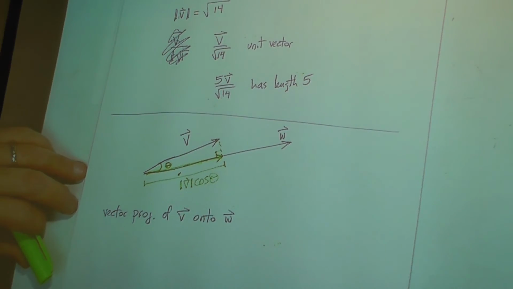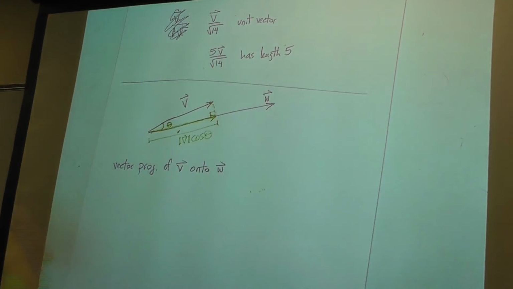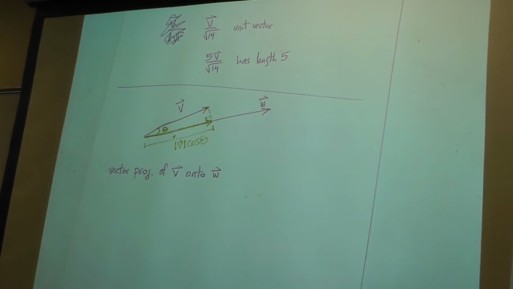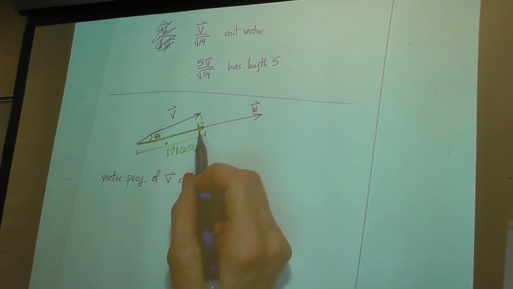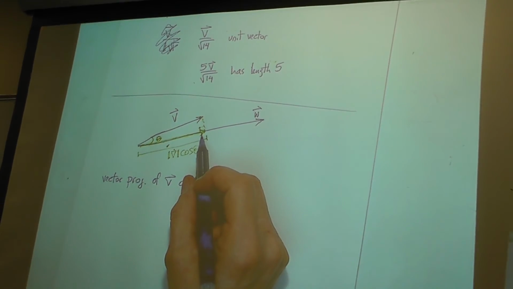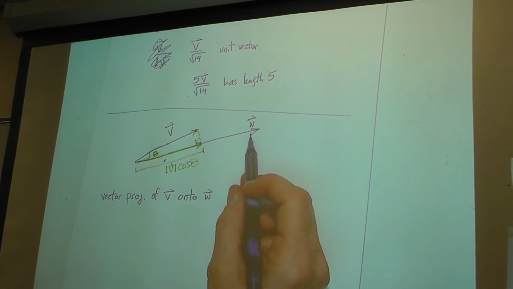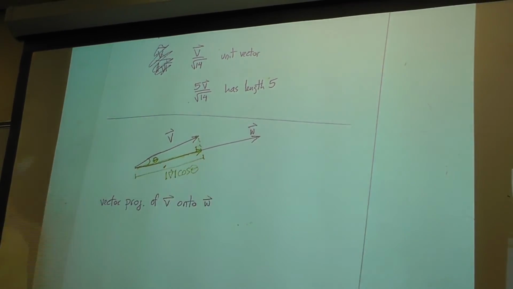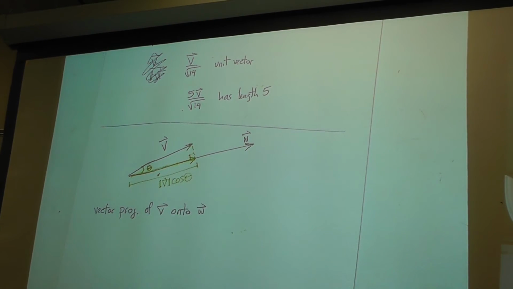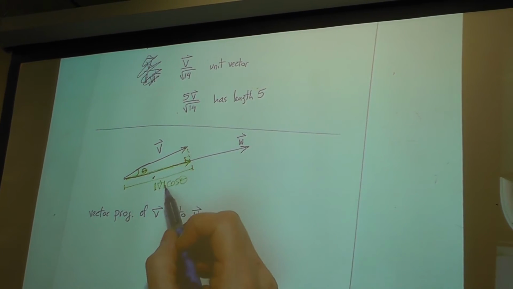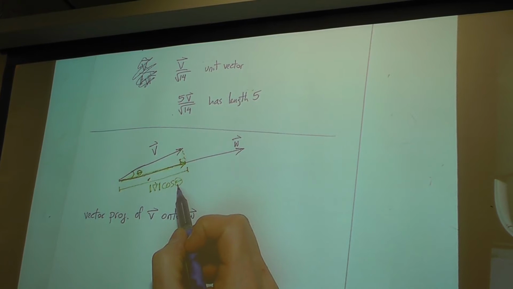Okay? This means that my vector projection, I want the vector in the same direction as W, although sometimes it'll be backwards. And I want it to have this length.